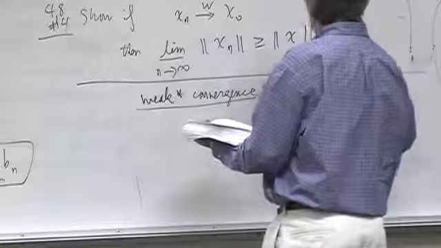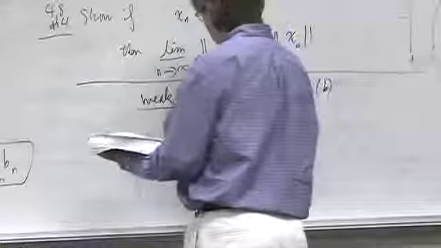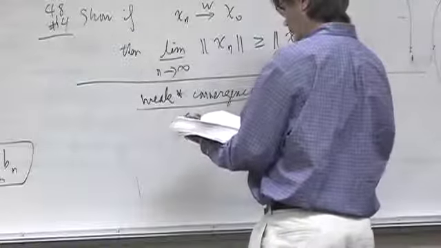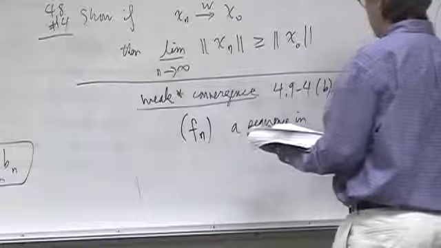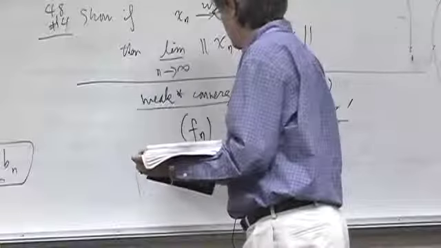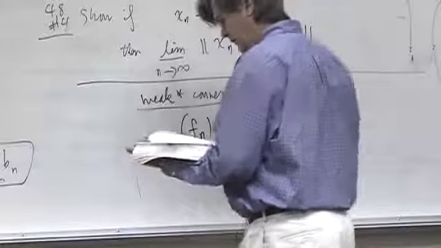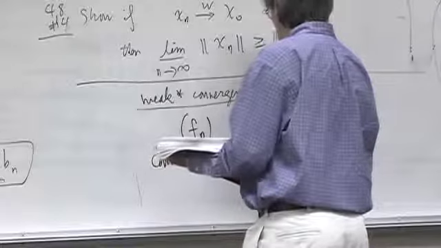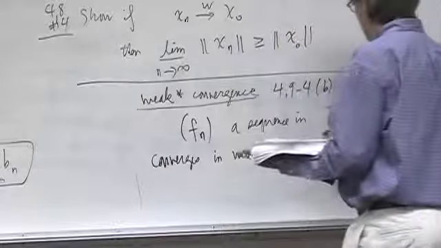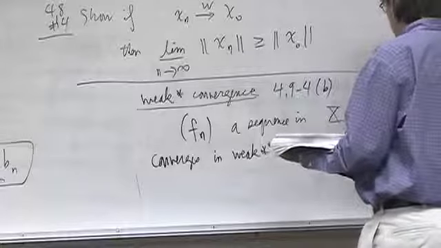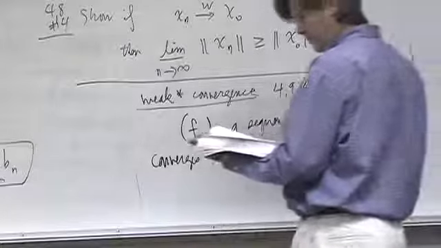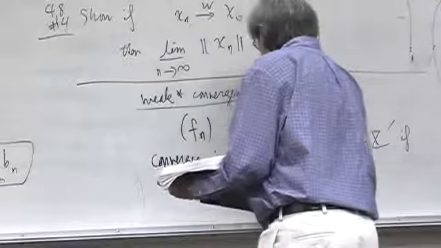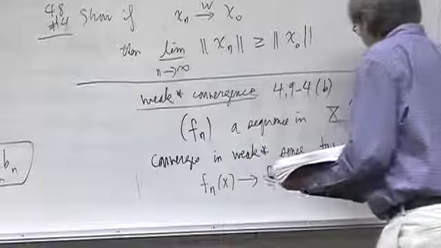This is 4.9-4 part B. Fn, a sequence in the dual space X prime, converges in the weak star sense to F in X prime if Fn of X goes to F of X for all X in the original space.